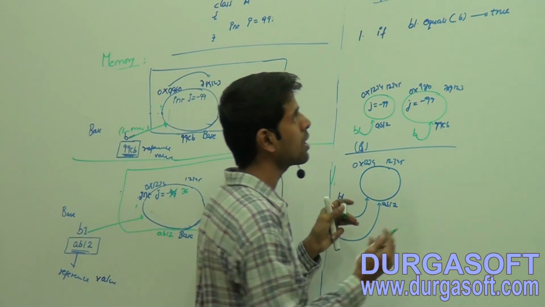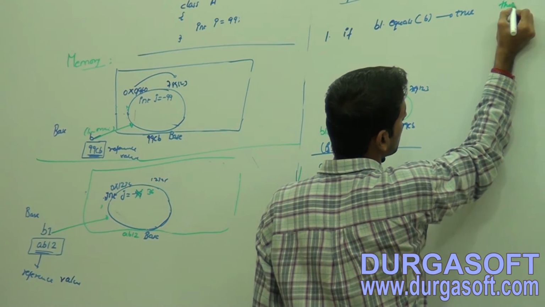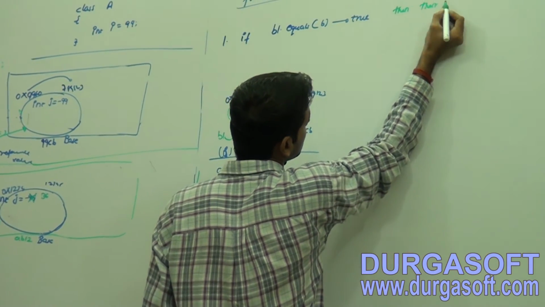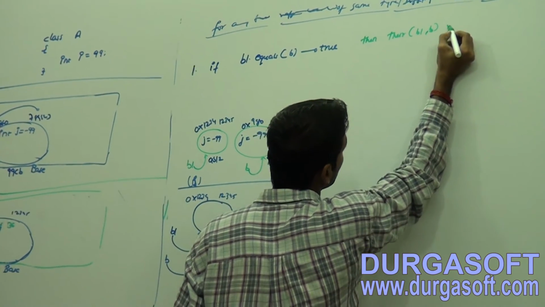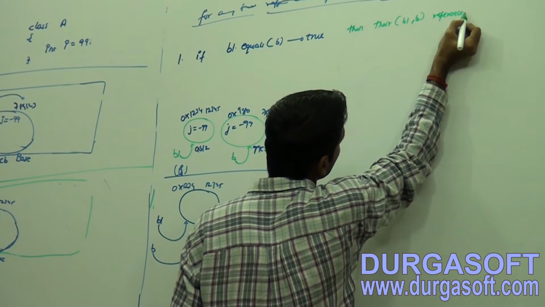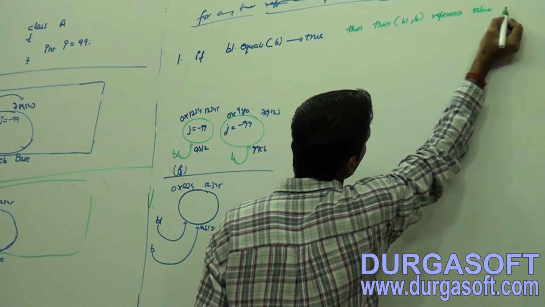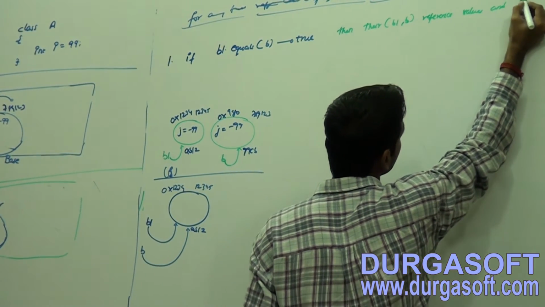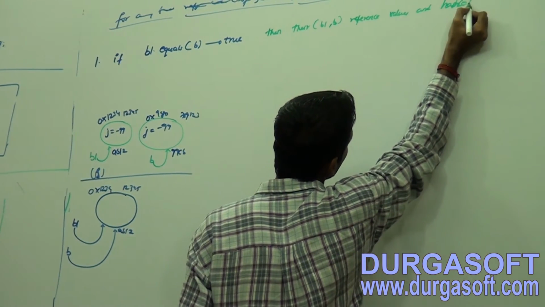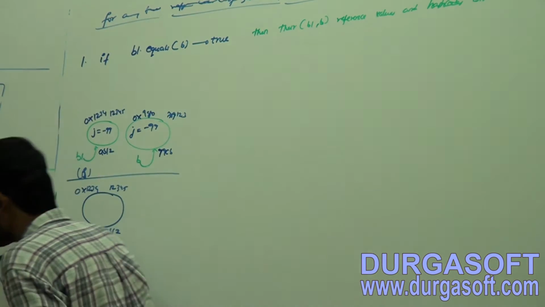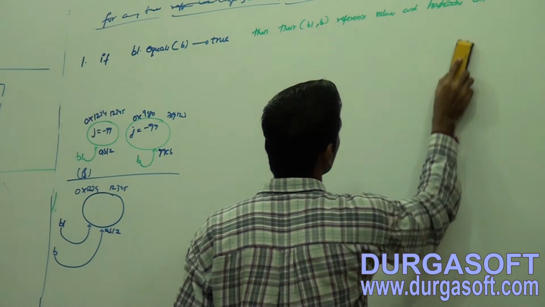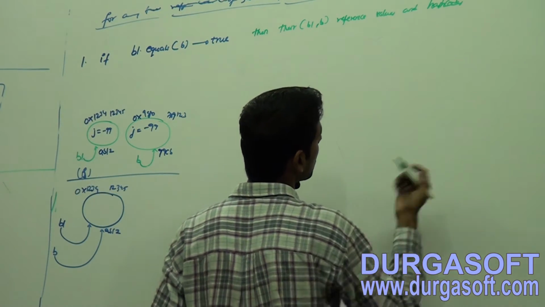Okay, observe here. B and B reference values and hash codes may or may not be the same.